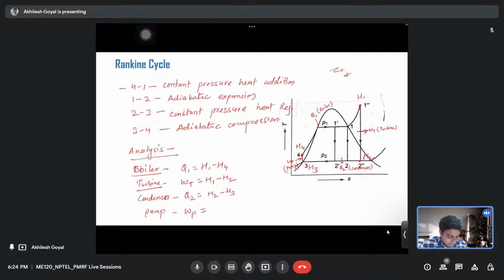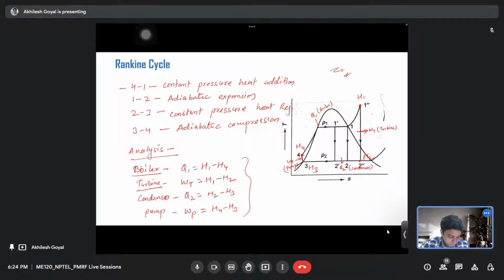So WP is equal to H4 minus H3. Okay, so this is how the work and heat interaction results in the enthalpy change of the water in this Rankine cycle.